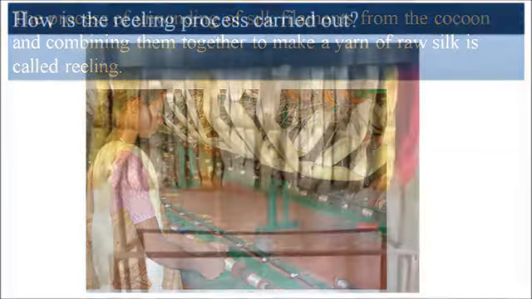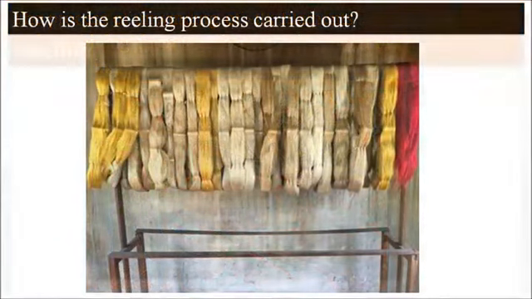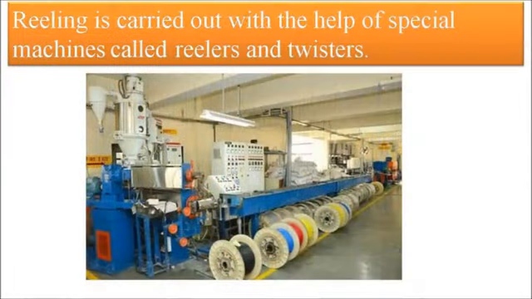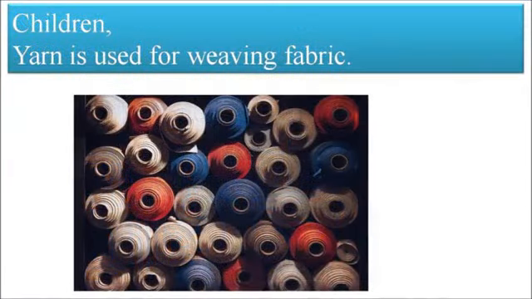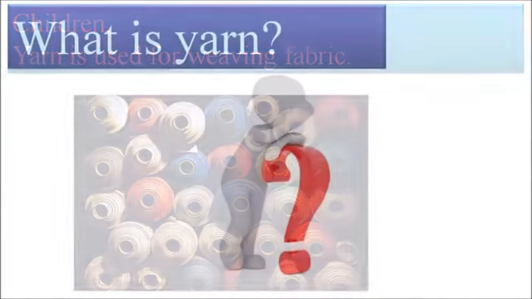How is the reeling process carried out? Reeling is carried out with the help of special machines called reelers and twisters. Children, yarn is used for weaving fabric. What is yarn?